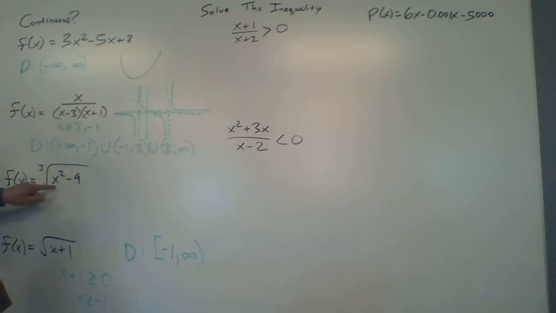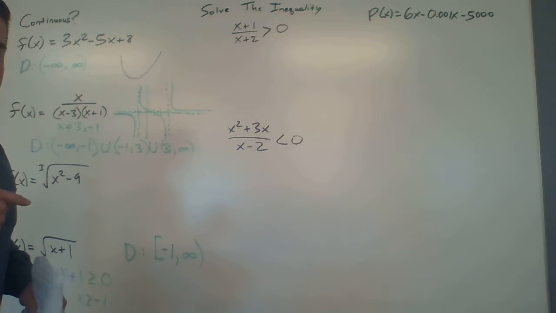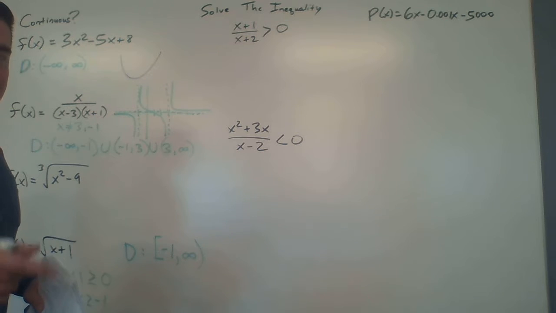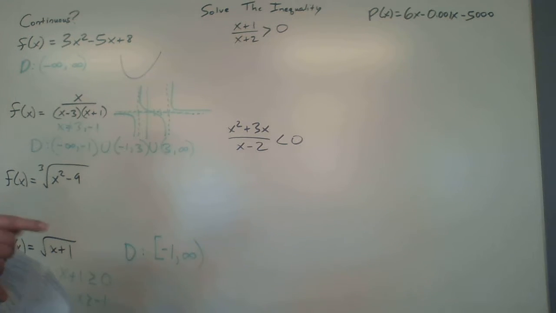I want to go back here, and now square root and cube root. Okay, so can you take the cube root of negative 1? Well, it turns out you can. The cube root of negative 1 is asking what times itself 3 times will give you negative 1. The cube root of negative 1 is actually negative 1. So there's no problem with negatives here. You can take the cube root of negative numbers all you want.